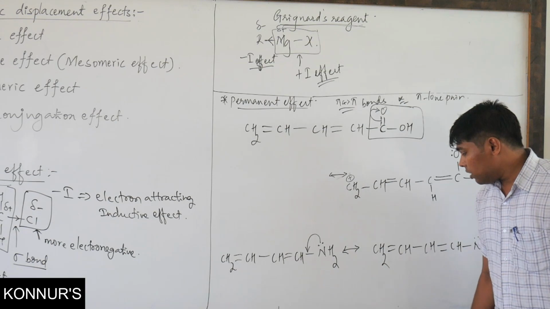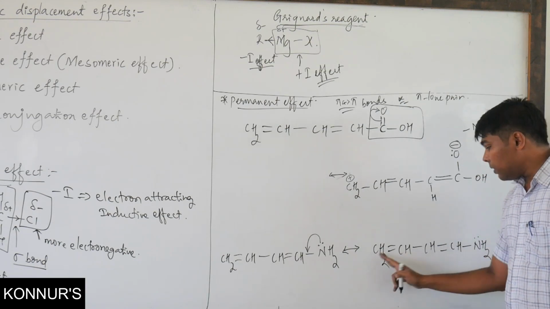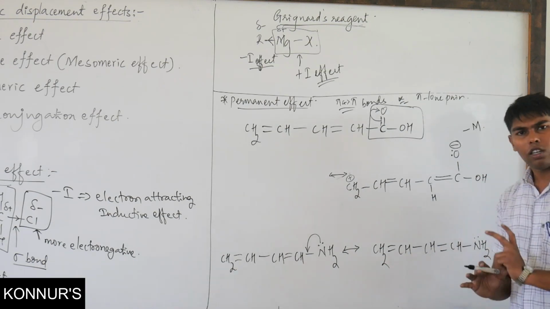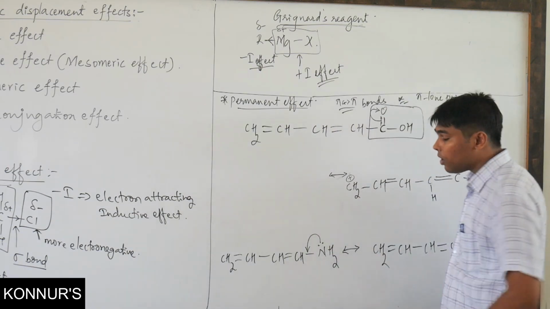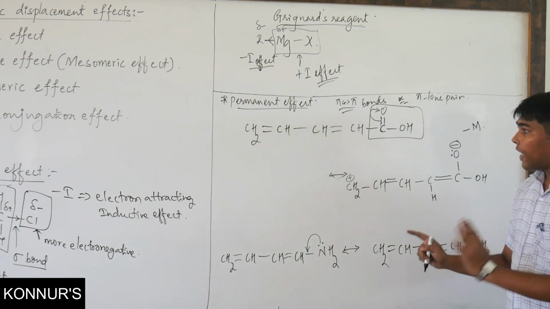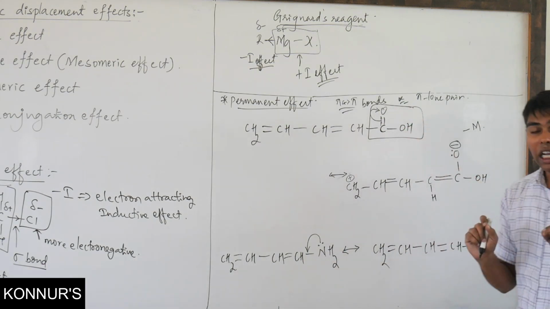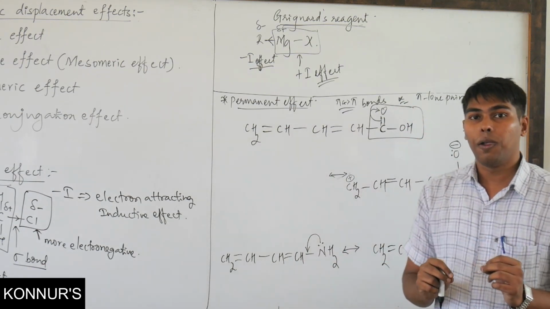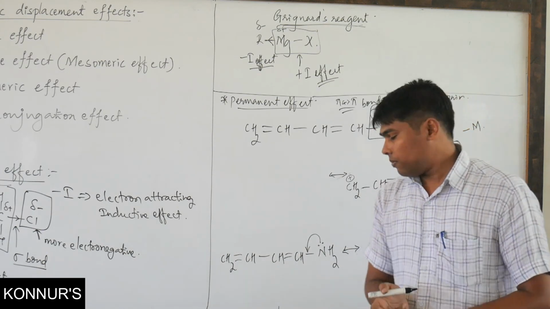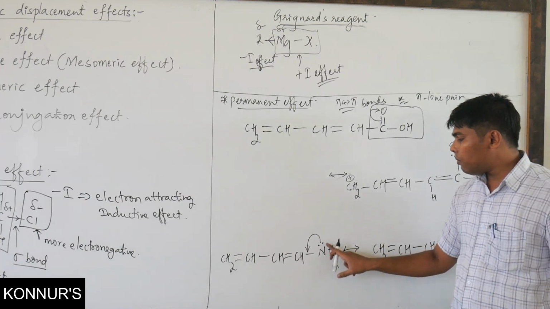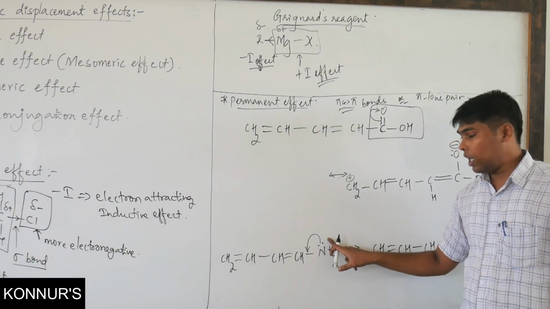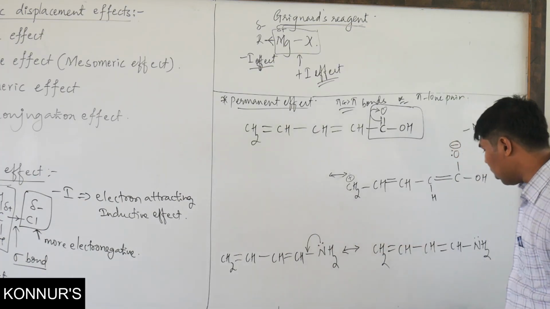I will not start the electronic displacement between carbon and carbon. I am starting from this point only because this is more polar. As I have explained, you need to start the electronic displacement from the more polar atom. So here the more electronegative element containing a lone pair donates to this bond.